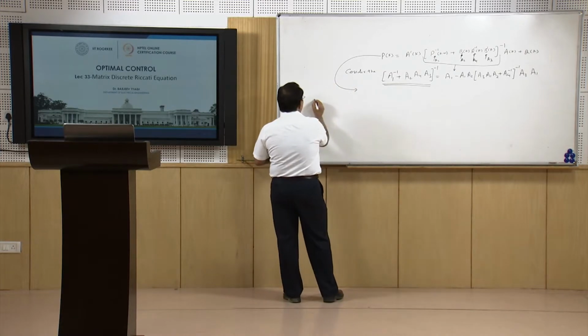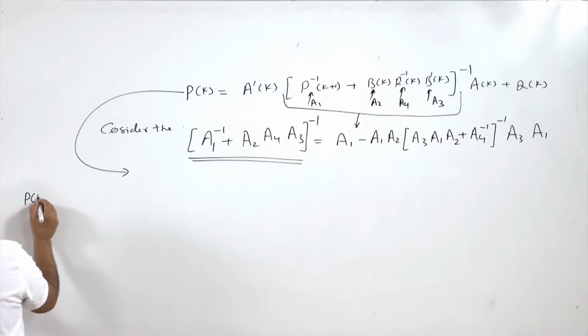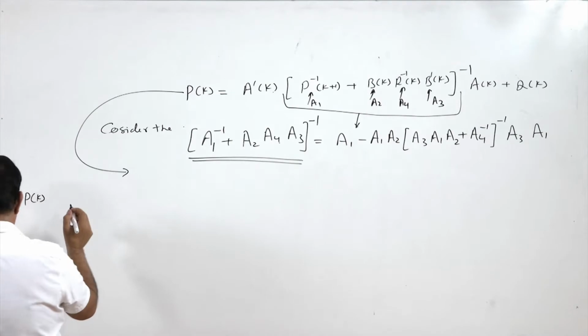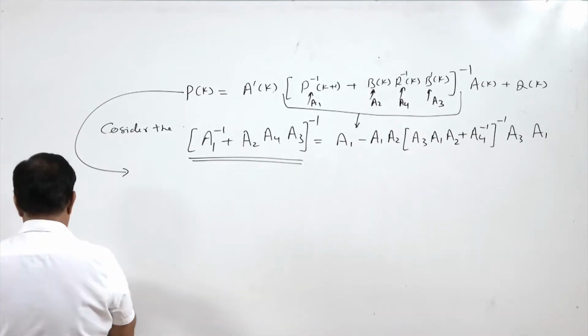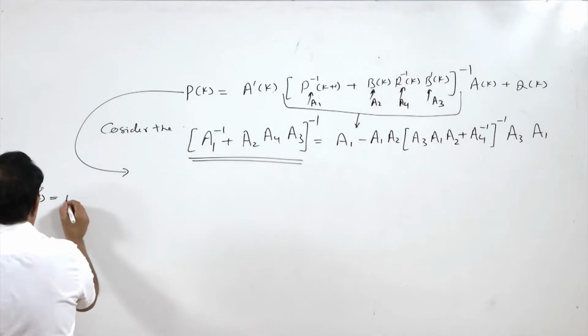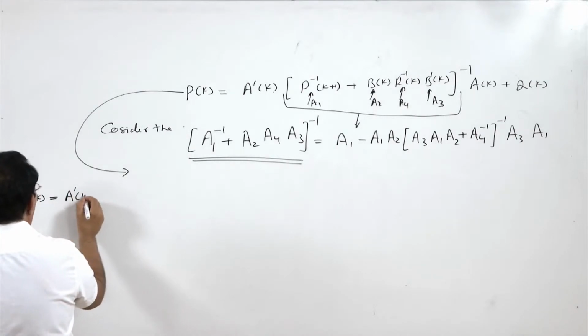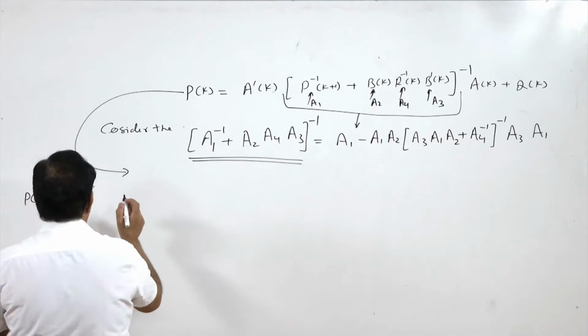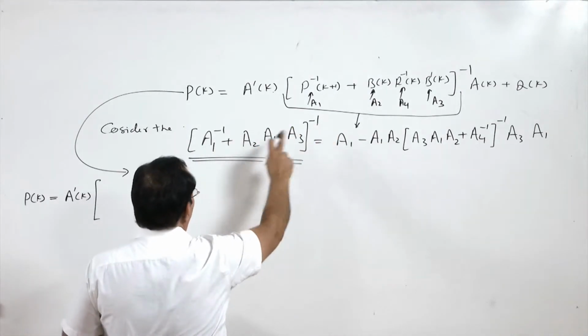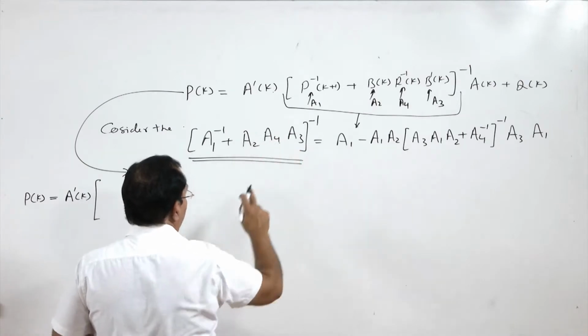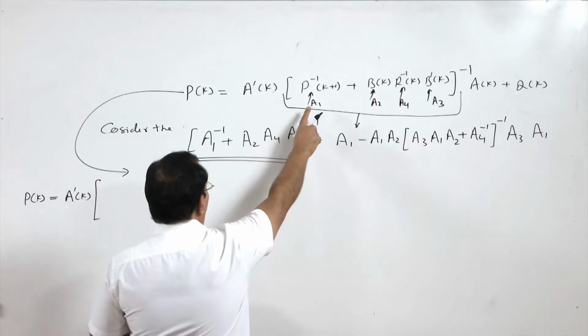I will get P k, which is A prime k, and I expand this matrix using this identity.